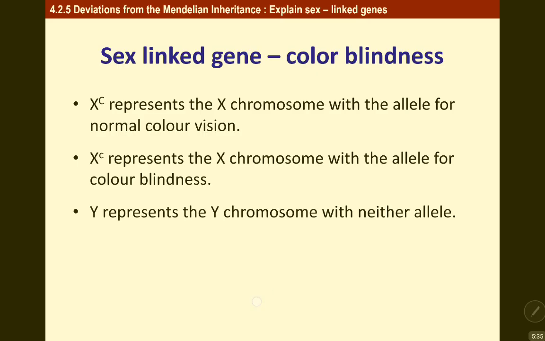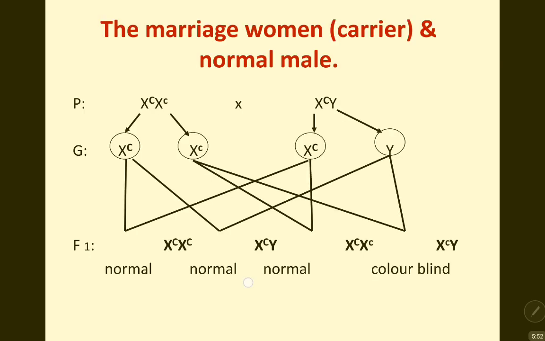For this case, colorblindness is a recessive case. X small c is the allele for colorblindness, big C is normal color vision, and Y represents the Y chromosome. So X big C, X small c means this female is a normal female but a carrier, same as the case just now.